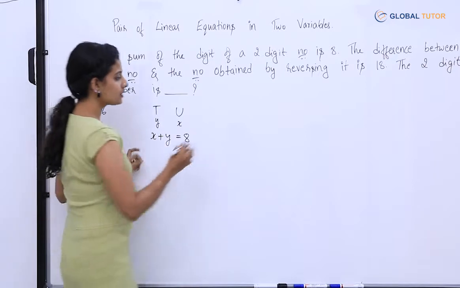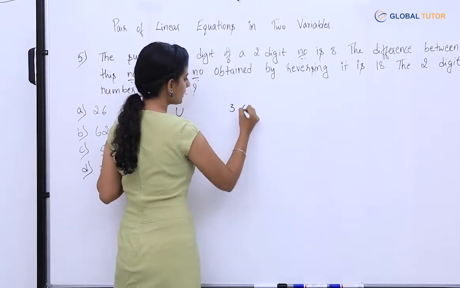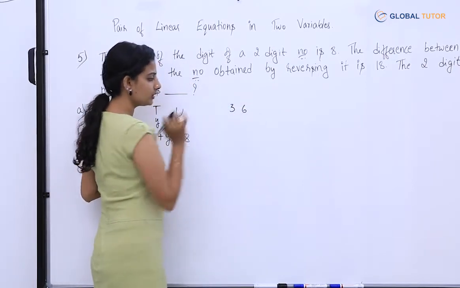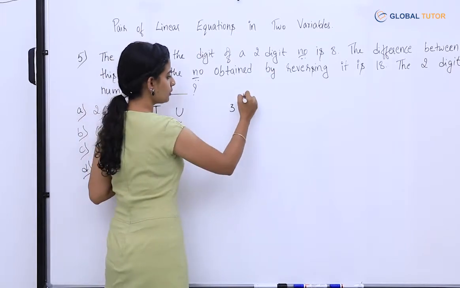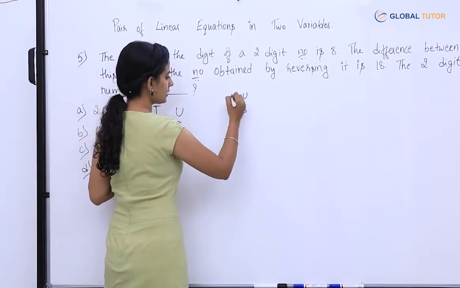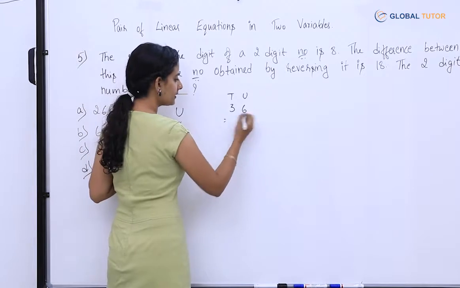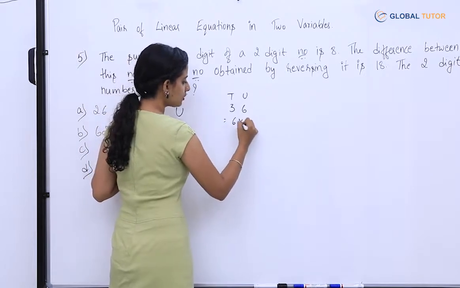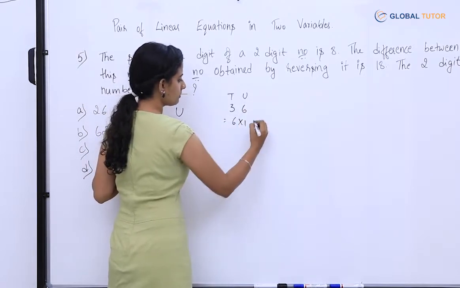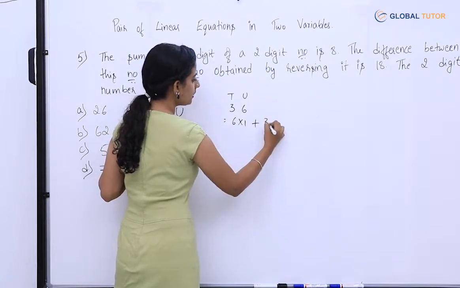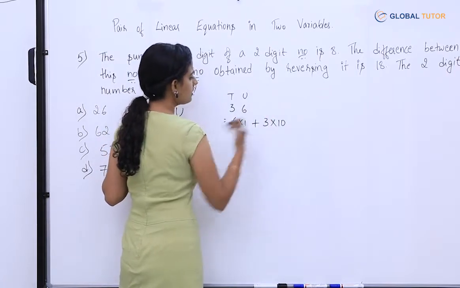Then let's suppose take an example 36. So this is a two-digit number. Here 6 is in the unit place, 3 is in the tens place. How do we write this? This is 6 into 1 because this is in units place plus 3 into 10 because this is in tens place.